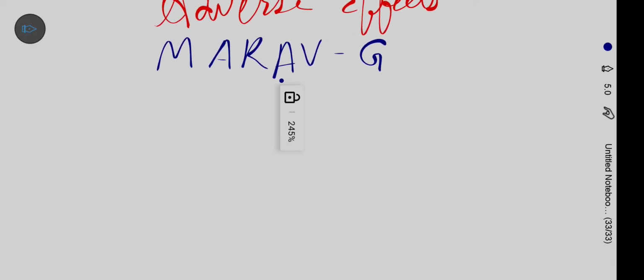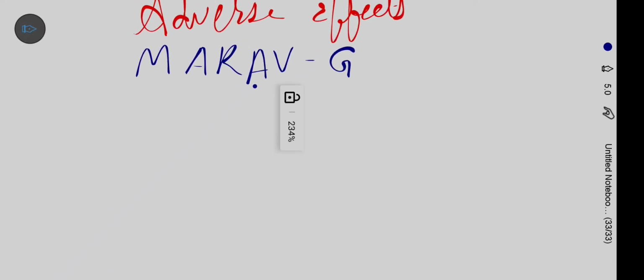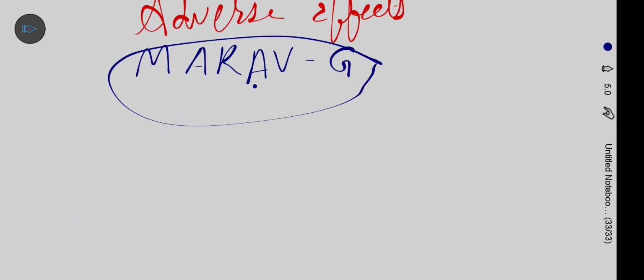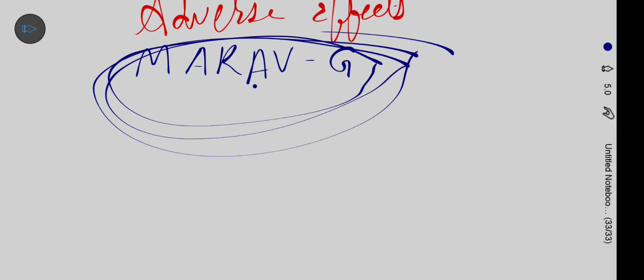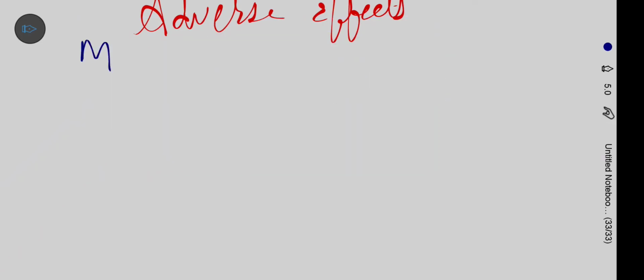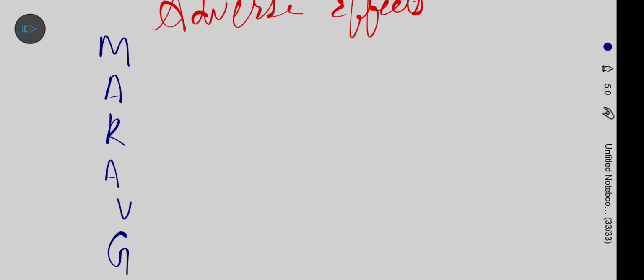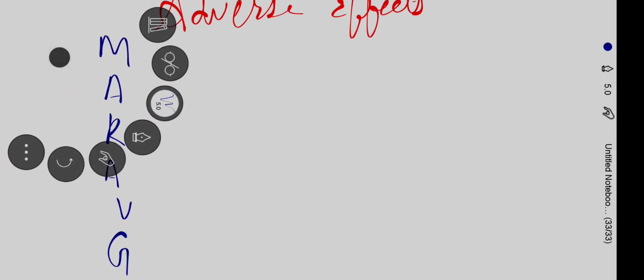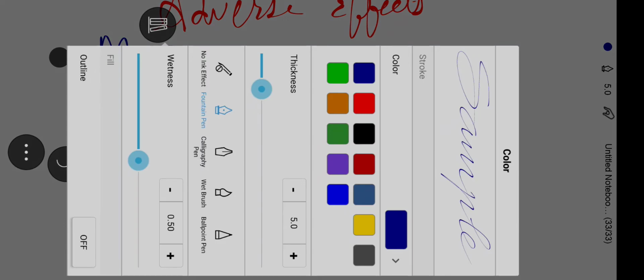So, adverse effects. Can I write down here Marav and G? Let's change the color again. Okay, violet.